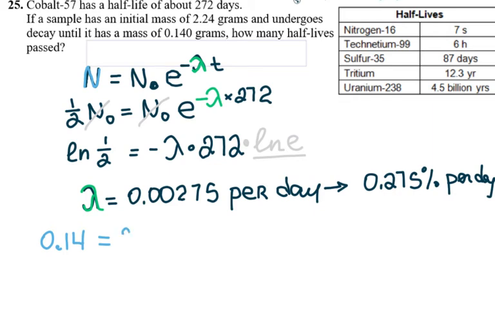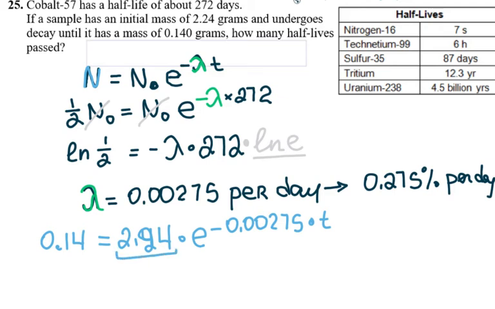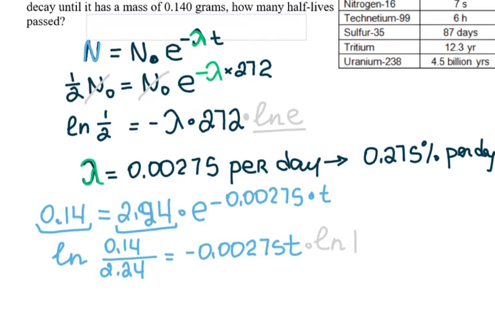And then I have 2.24 grams, the initial number I start with, and then I have e to the power of negative 0.00275 times the time. And this is the time that will show me how much time passed for me to go from 2.24 gram to 0.14 gram. So again, I'm going to divide by 2.24 on both sides, and then take the natural logarithm of both sides. So this is what I have so far.